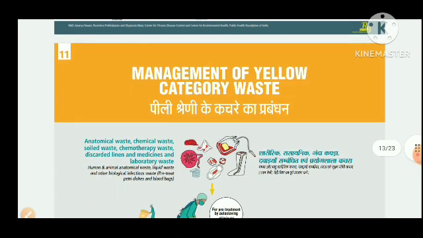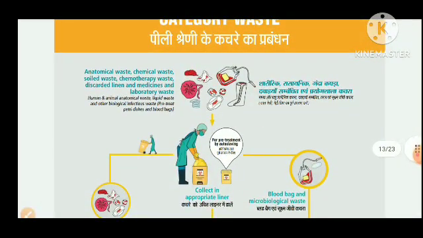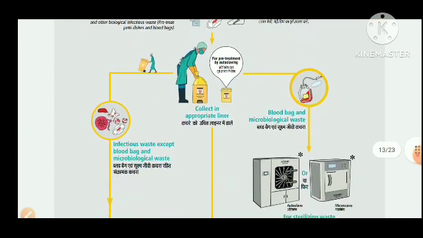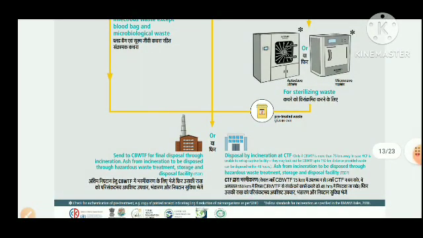Next category is the management of yellow category waste. Okay, we know which waste is included in the yellow category, and again it's infectious. So sterilization is very much important, and for sterilization we are using the autoclave or microwave. After sterilizing the waste, it goes to the common biomedical waste treatment facility for the final disposal.